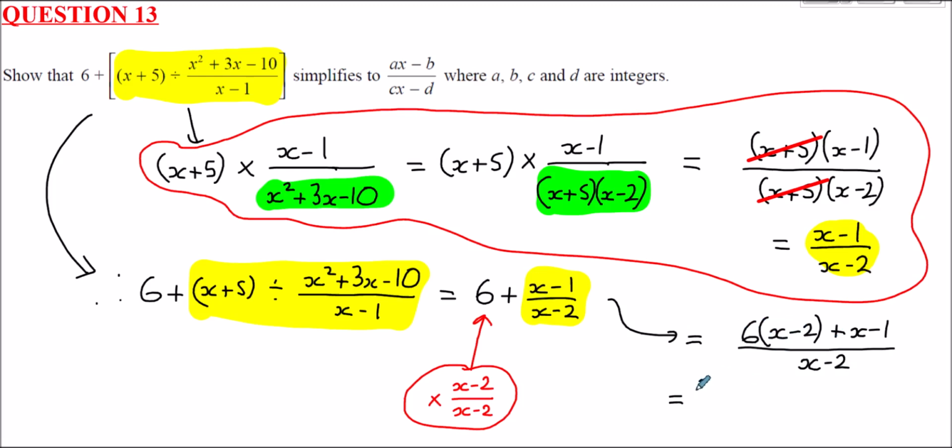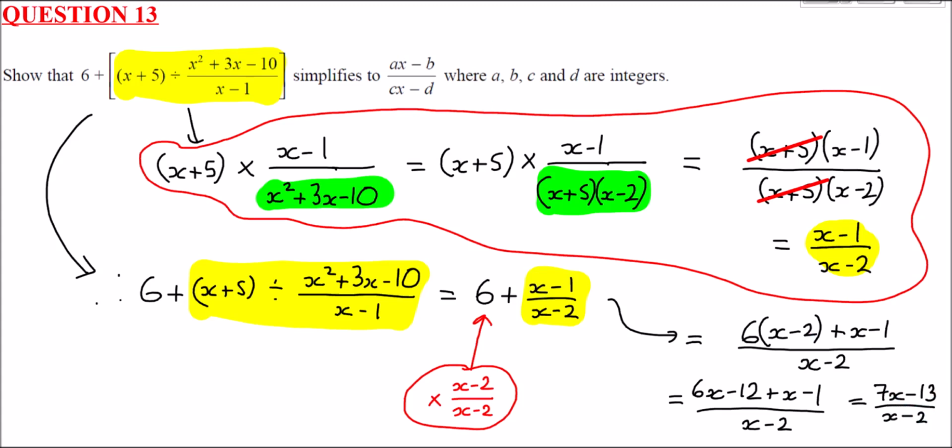So 6 times x is 6x, 6 times minus 2 is minus 12, then plus x minus 1, all over x minus 2. And finally, if we simplify this as our final step, on the top, 6x plus x gives us 7x, minus 12 minus another 1 gives us minus 13, and on the bottom we have x minus 2.